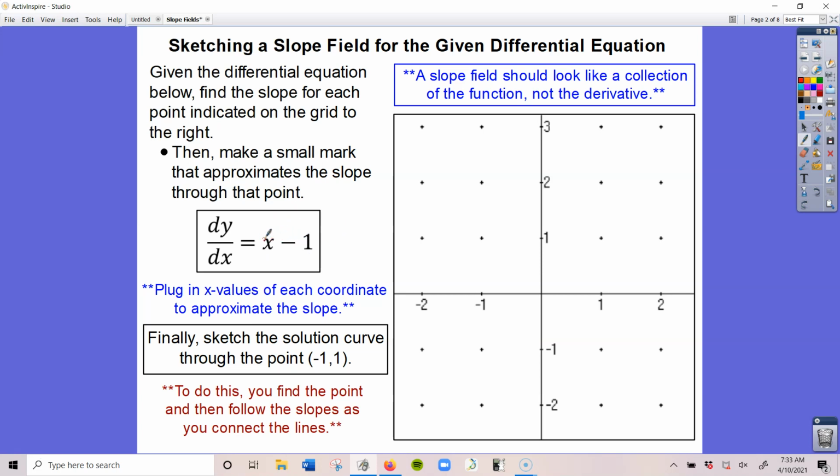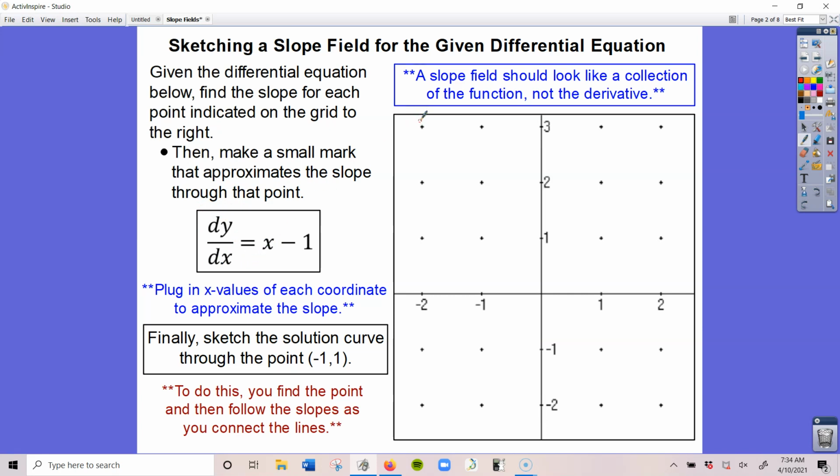So for this slope field, we have x minus 1. I'm going to plug in x is equal to -2, which represents this vertical line right here. If I plug in x is equal to -2, I get -2 minus 1, which is -3. So when x is -2, the slope, because remember dy/dx, the derivative, represents the slope, would be -3.